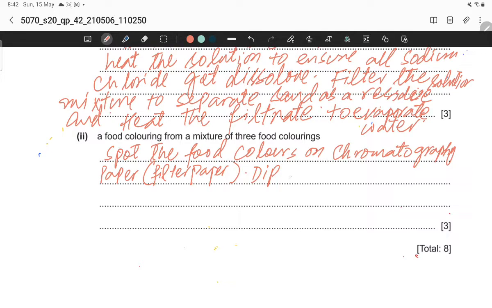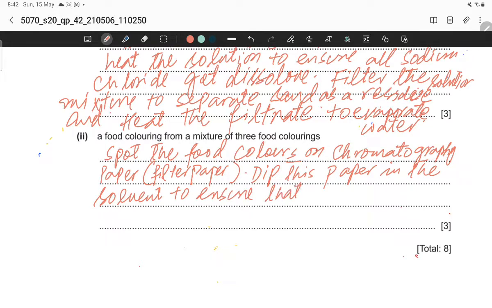Dip this paper in the solvent, ensuring that the solvent level is below the baseline.